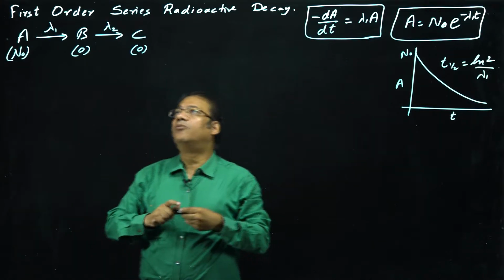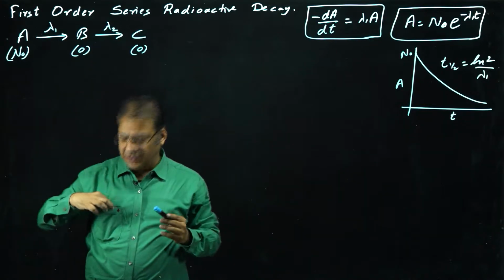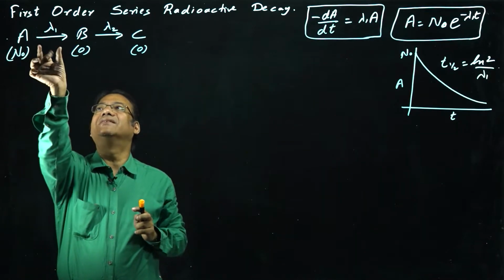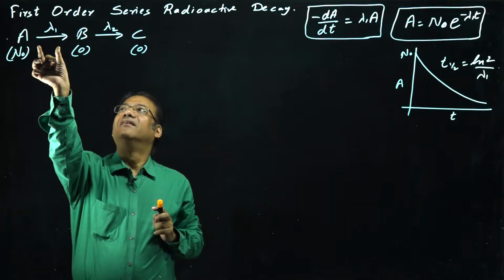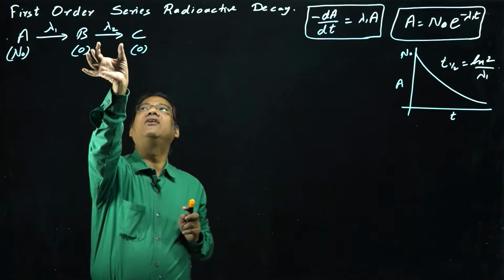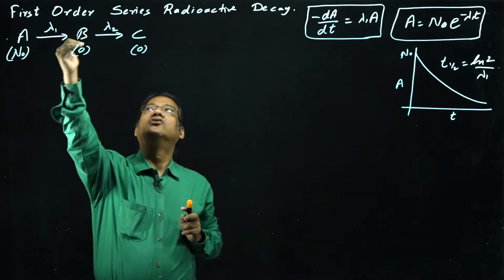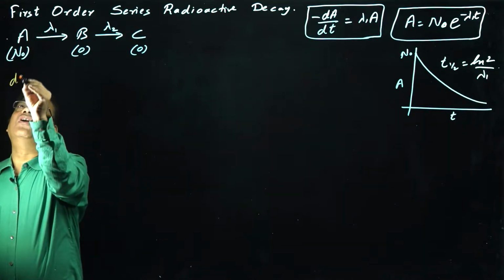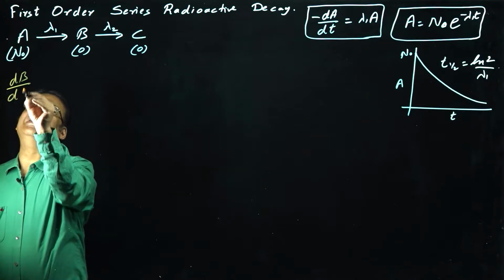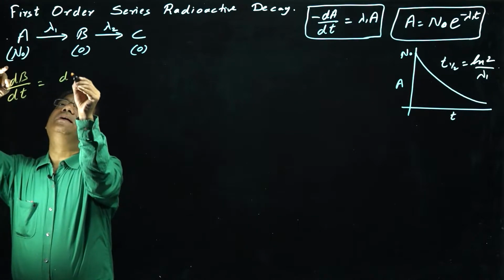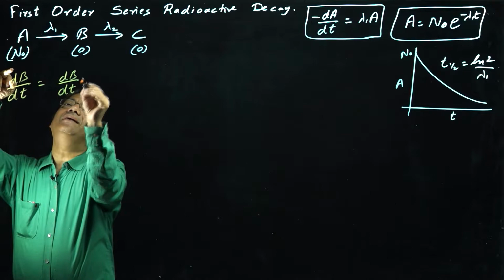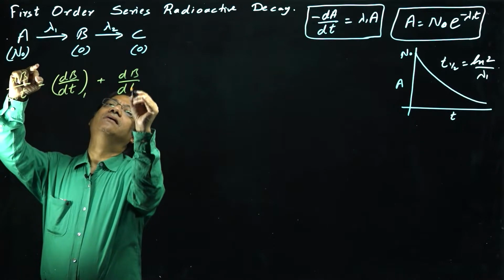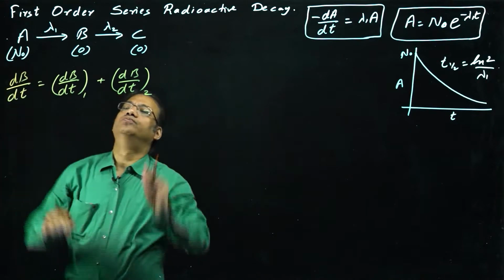Now here we are more interested in this B. For this B, one can always say B varies according to two paths. This is path 1 through which B is forming, and B also varies through path 2 through which B decays. For this B, one can always write dB by dt. Overall dB by dt would be dB by dt through path 1 plus dB by dt through path 2.